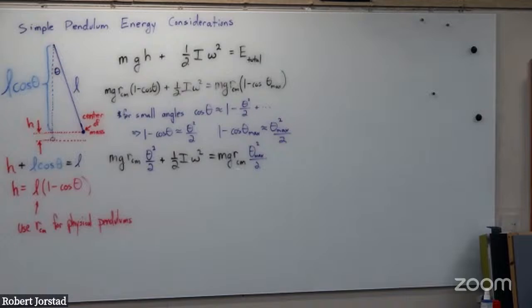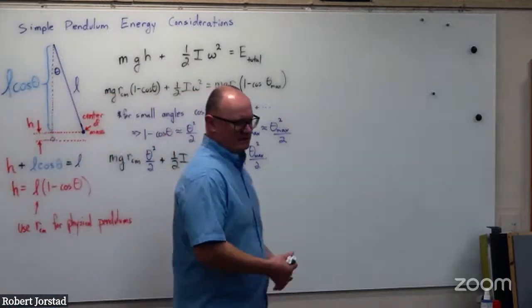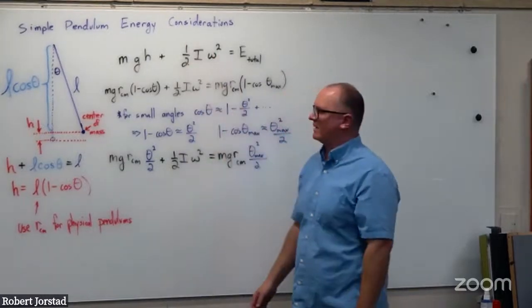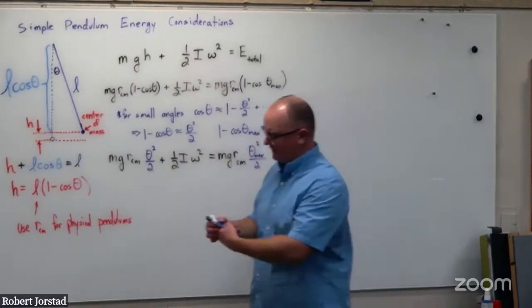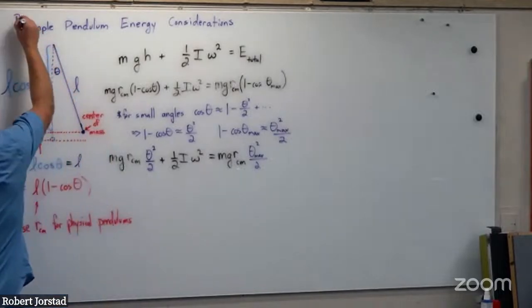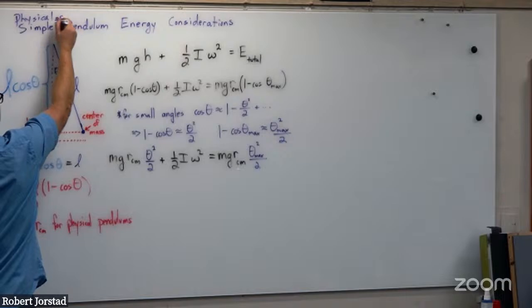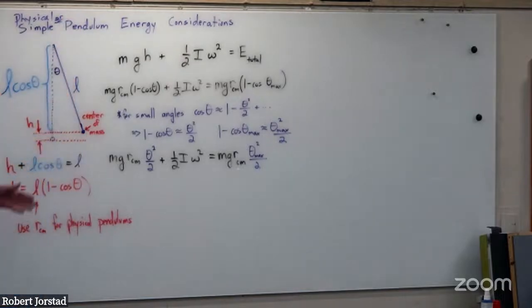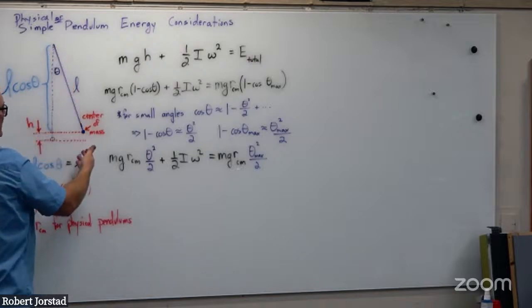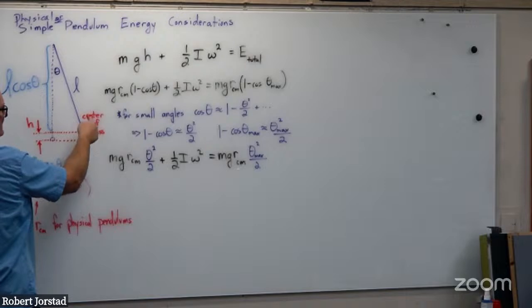So now I want you to think about this. It works for a simple pendulum or a physical pendulum. I actually did the derivation for a physical one. So you can imagine this is a simple pendulum of length L, or you could imagine a physical pendulum with radius to center of mass R_CM.